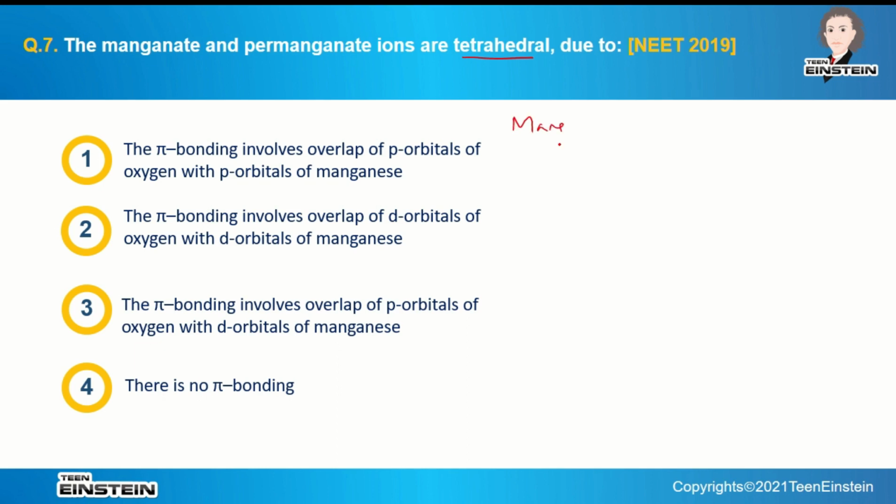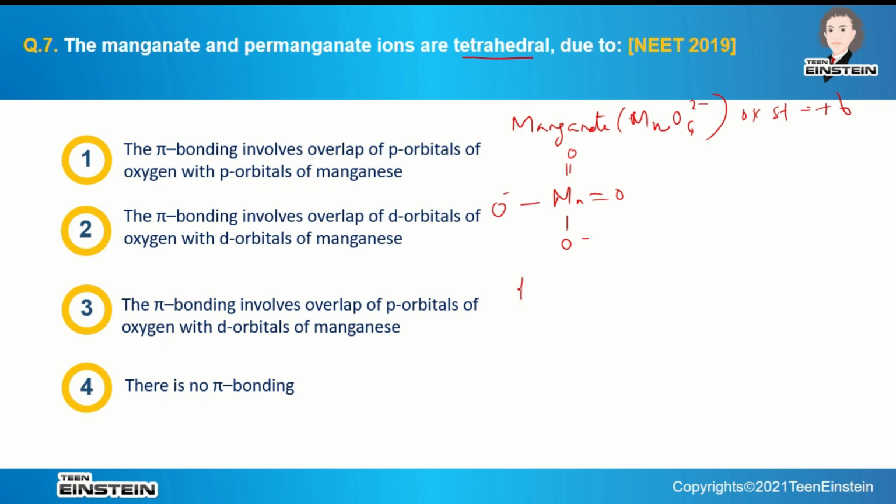First we take manganate. The structure of manganate is MnO4 2−. The oxidation state of this manganate is +6. So we draw the structure of this: Mn, double bond O, here O minus.